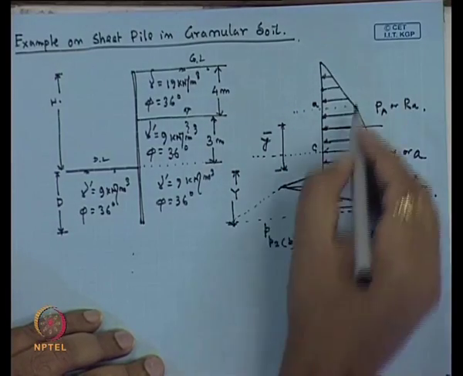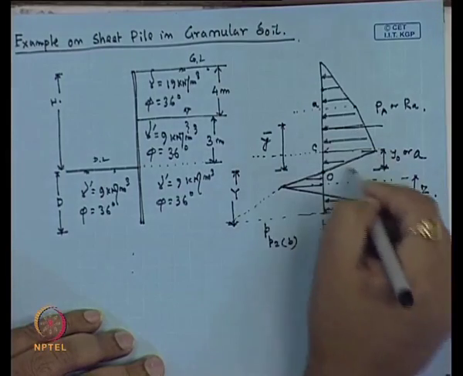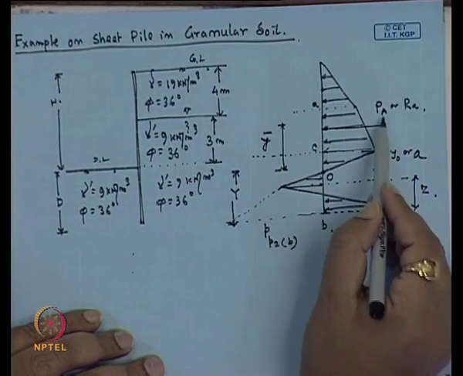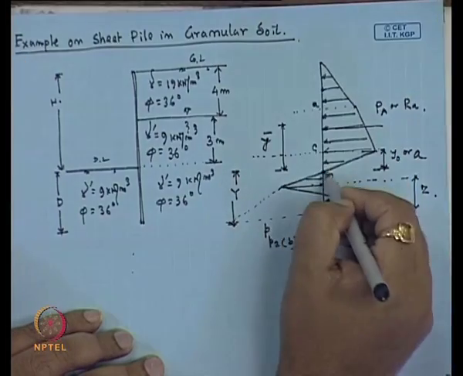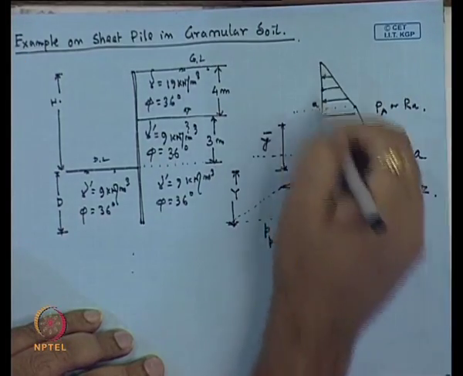So, if I explain what the different components are, this is the pressure distribution diagram. P A or R A is the total force for this active earth pressure zone.